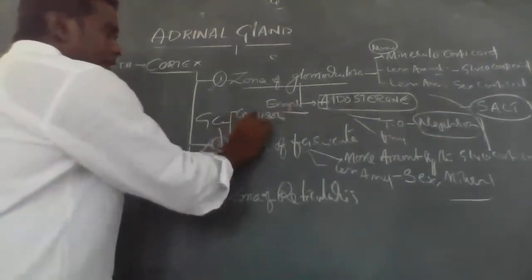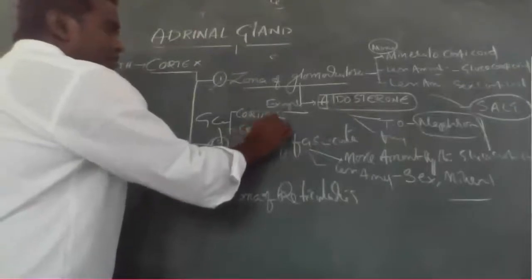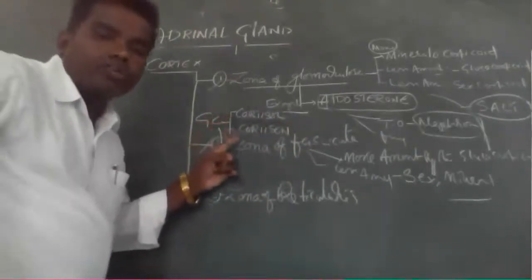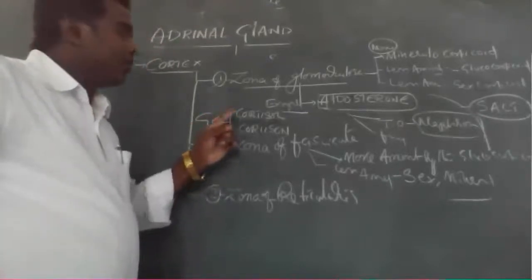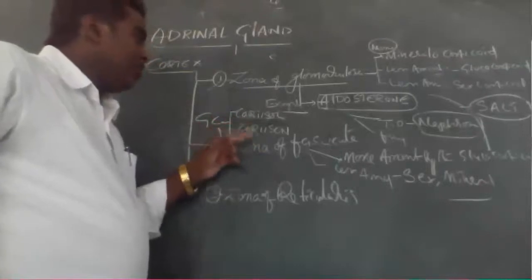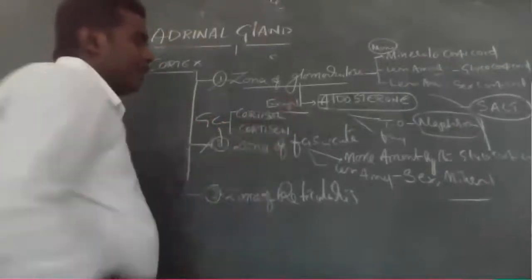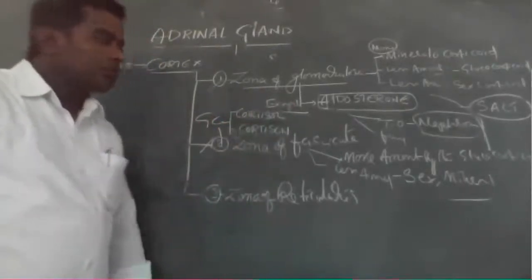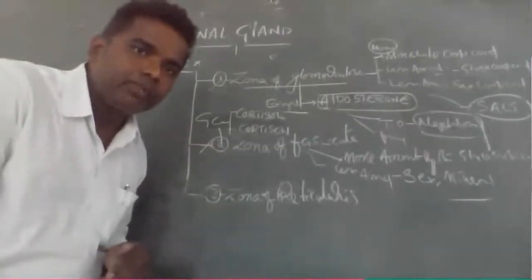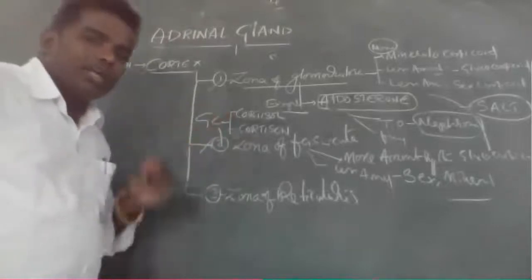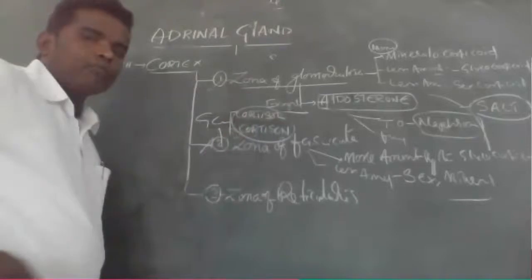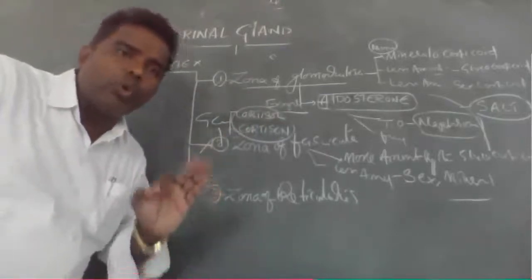What are the examples of glucocorticoids from this zone? GC means glucocorticoids. Mainly cortisol and cortisone.